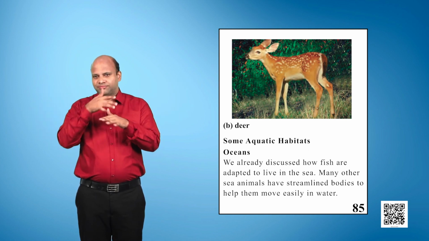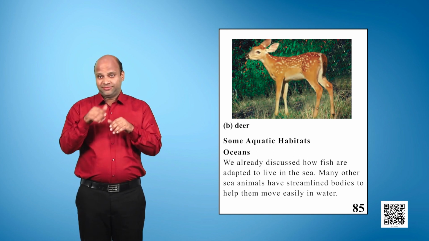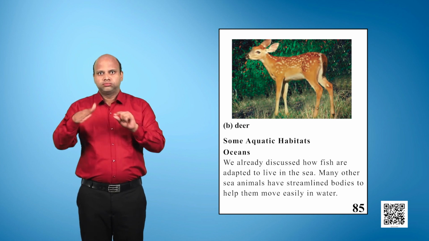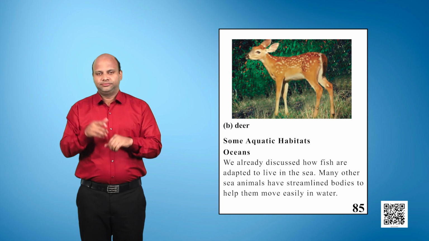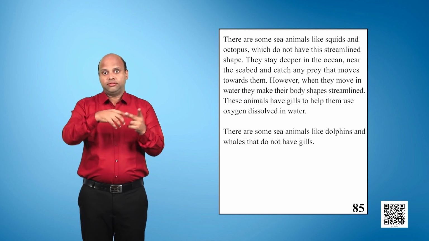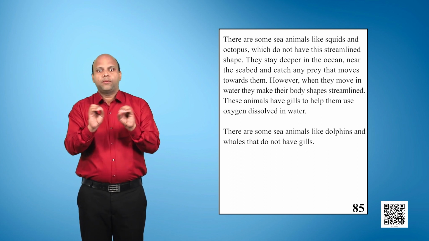We already discussed how fish are adapted to live in the sea. Many other sea animals have streamlined bodies to help them move easily in water. There are some sea animals like squids and octopus, which do not have this streamlined shape.